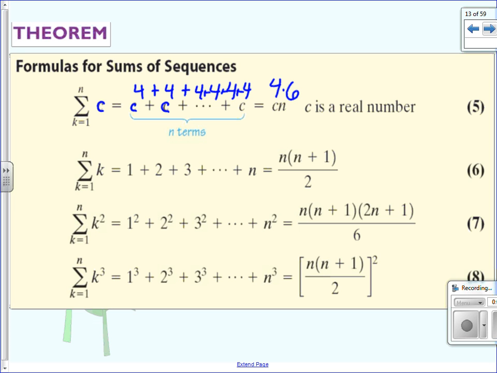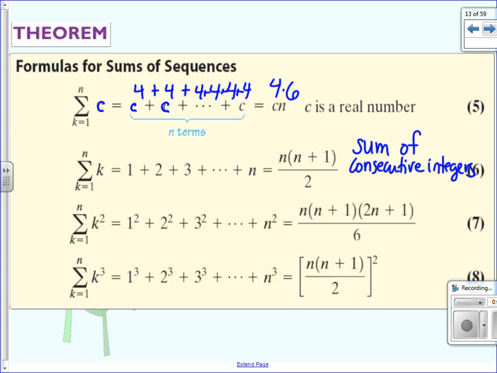This next formula is the sum of consecutive integers. Notice we start with 1 and we go to the nth consecutive integer. And the way we do that is we do n times n plus 1 over 2.